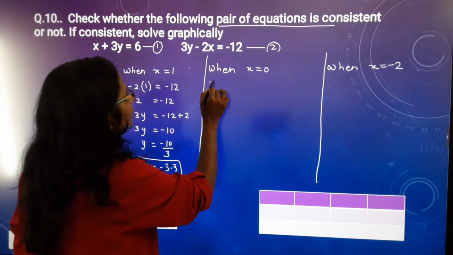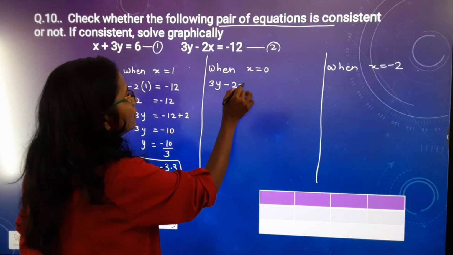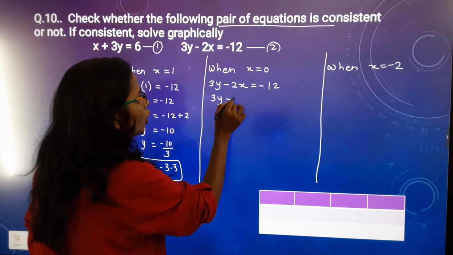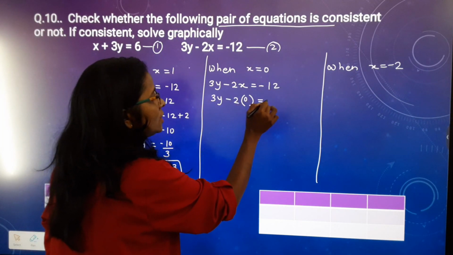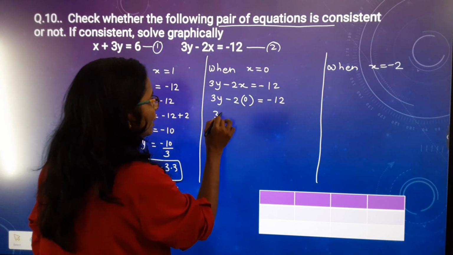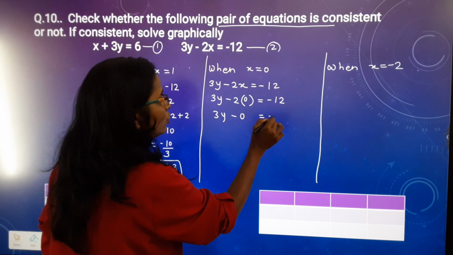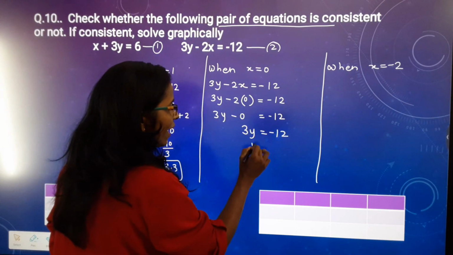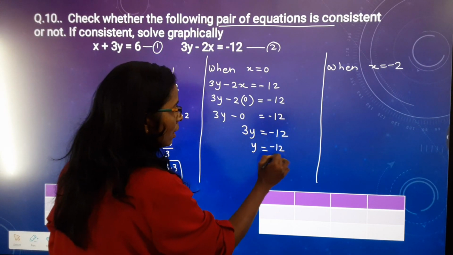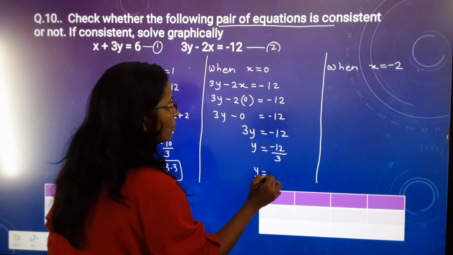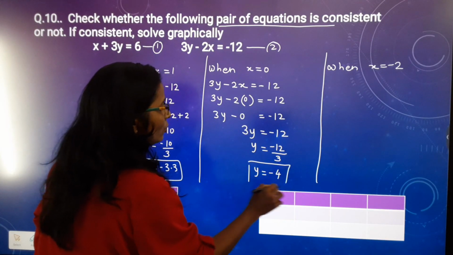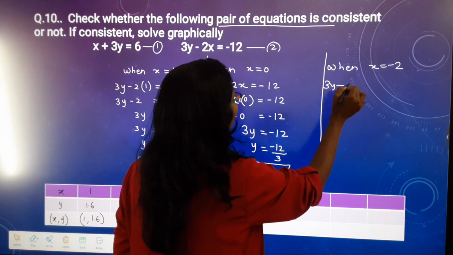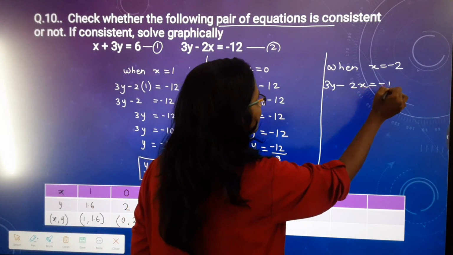Then the second one, 3y minus 2x is equal to minus 12. Then 3y minus 2 multiply 0 is equal to minus 12. So 3y is equal to minus 12. So y is equal to minus 12 upon 3. That means y is equal to minus 4. Now the third one, 3y minus 2x is equal to minus 12.